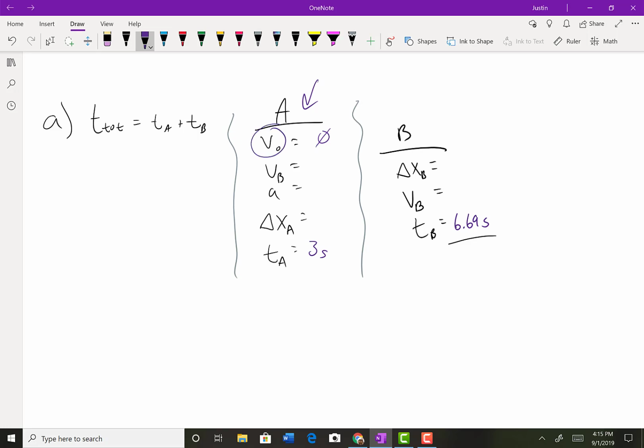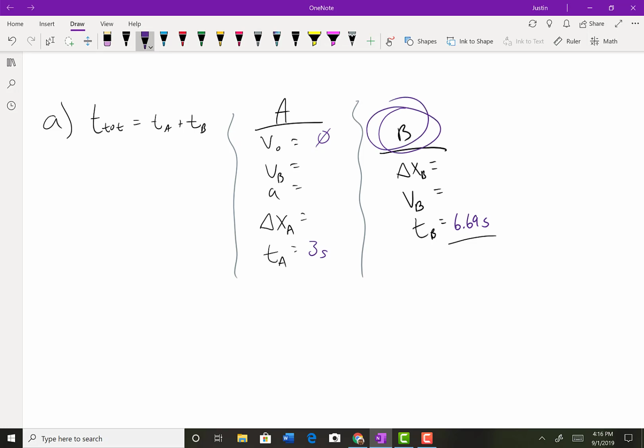I've got the initial velocity right here. They told me it's basically 0. The final velocity, I don't know, but I'm going to call it v_B as opposed to just v because we've got multiple v's going on around here. And then, of course, the acceleration, and they also gave us the time for which he is accelerating there.